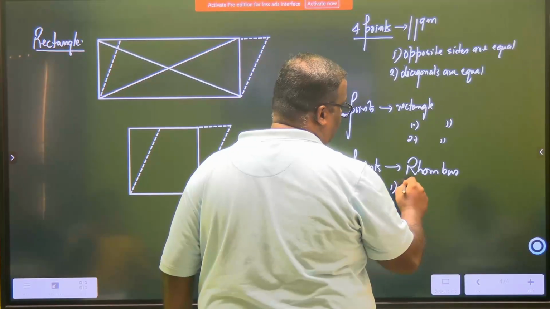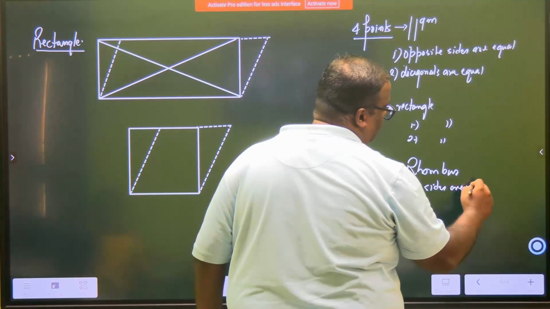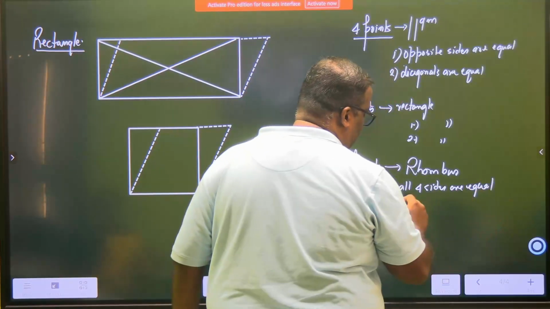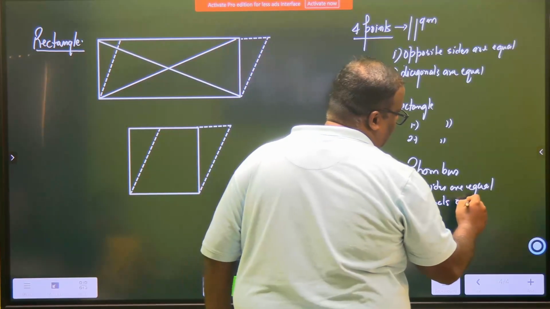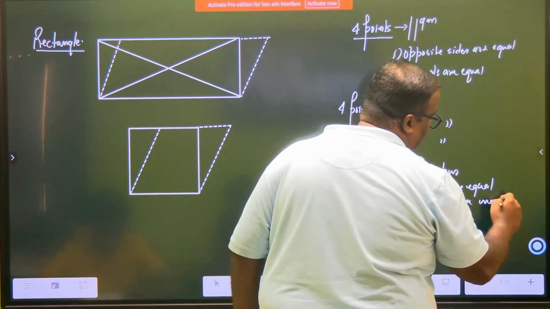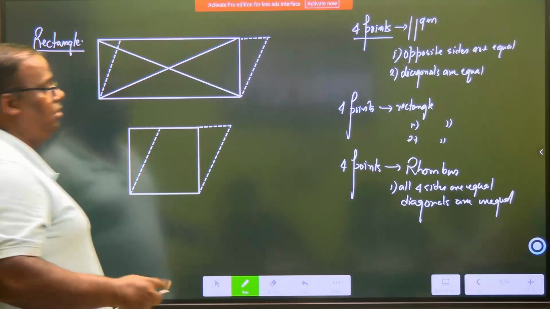Number 1, all 4 sides are equal and diagonals are unequal. In a rhombus, diagonals are never equal. In a rhombus, diagonals are always unequal. Clear?